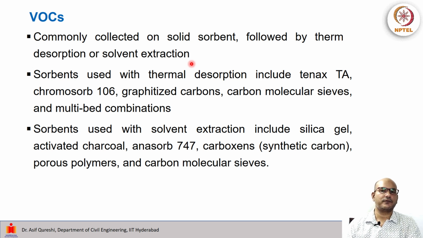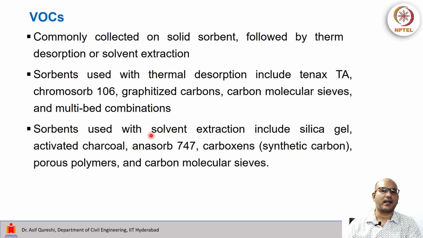Then a reverse airflow of clean air is made, and the tube, the sorbent, which now contains the VOC, is heated. In that heat the VOCs are emitted, and then they are measured through any of the analysis methods. The sorbents used with thermal desorption include Tenax TA, Chromosorb, graphitized carbons, carbon molecular sieves, and multibed combinations.